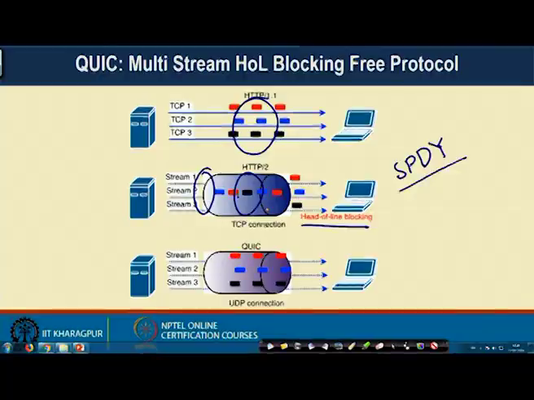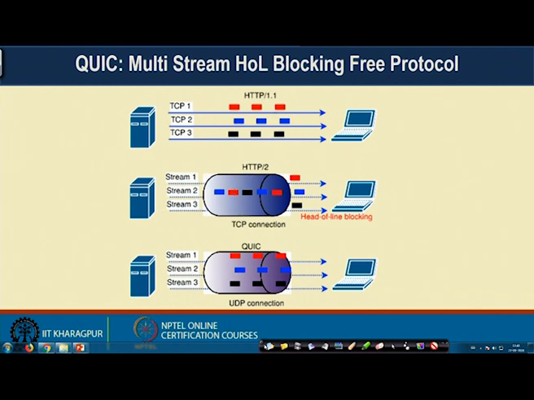Now, whenever you combine multiple streams together, even if a single packet gets lost, because of that single packet loss the entire TCP connection will get blocked, which in turn blocks all the streams, even if certain packets from certain streams have arrived at the buffer.